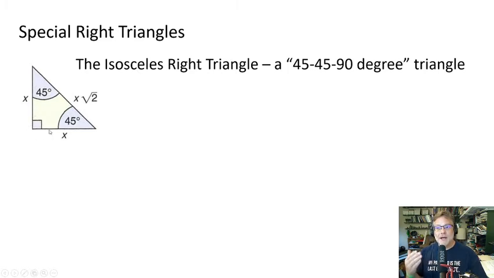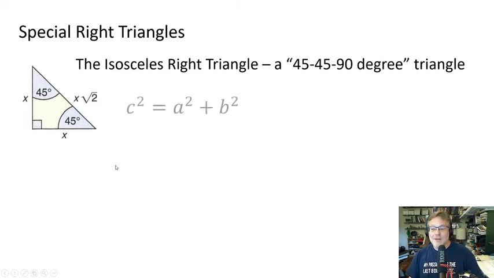So 180 minus 90 gives us 90 left over here, and these two angles have to be the same size, so we have to take 90 and divide it evenly between these two angles, so what's left for each one of them is 45 degrees. This is a 45, 45, 90 degree triangle here, an isosceles right triangle.